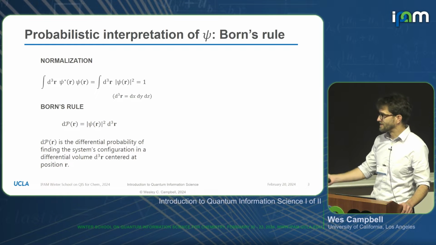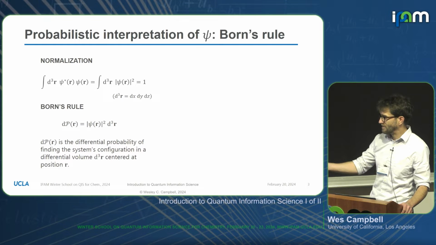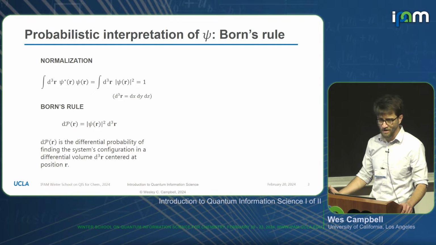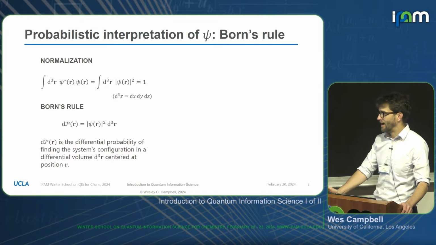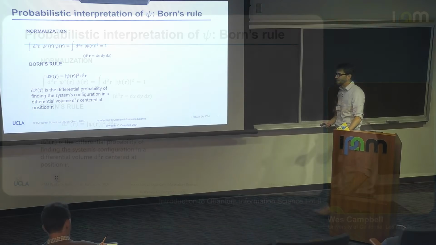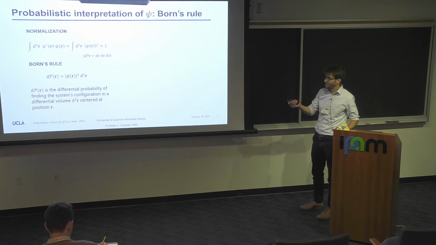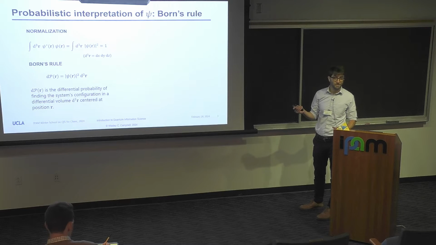Okay? So this is psi star psi, right? This |psi(r)|^2. We call that mod squared sometimes, absolute value squared. And this gives us our probabilistic interpretation. And so the normalization, of course, is key to this probabilistic interpretation. Otherwise, it wouldn't make any sense as a probability. The same thing would happen in classical probabilities here.